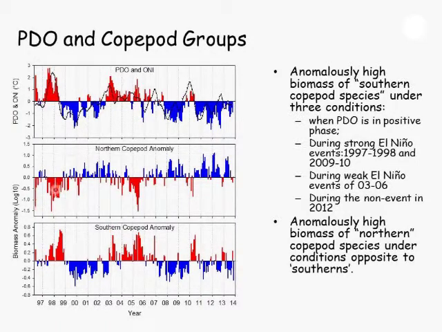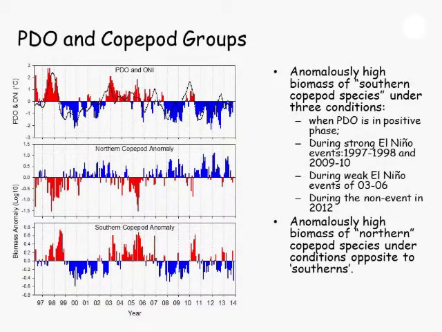So there's a lot fewer of them when the PDO is positive. And this is a log scale. This is an order of magnitude difference in the biomass of these bugs. When the PDO is positive, we get a lot more of these southern species. Okay? The PDO changes its sign, and almost overnight we get strong anomalies of northern species and negative anomalies of southern species.